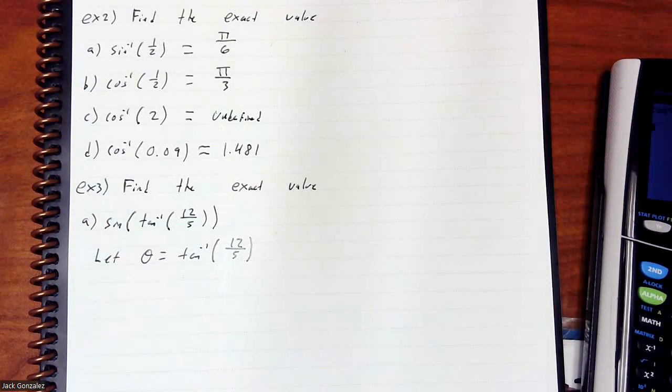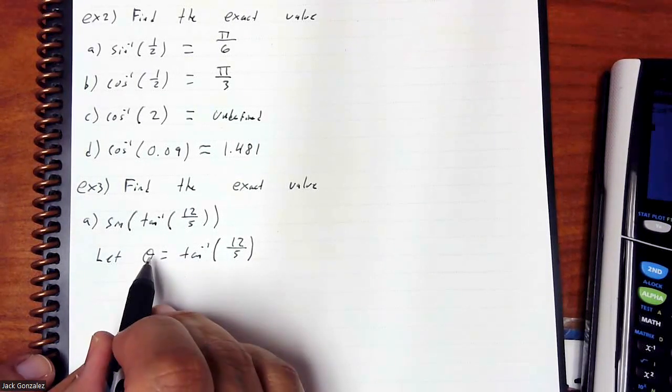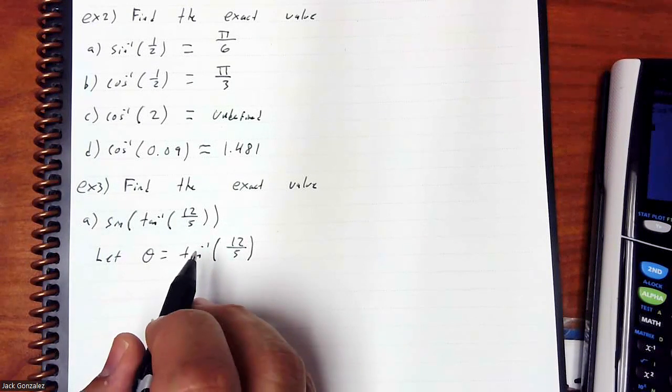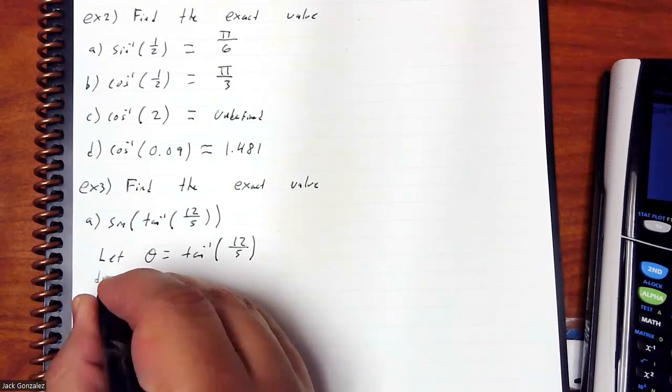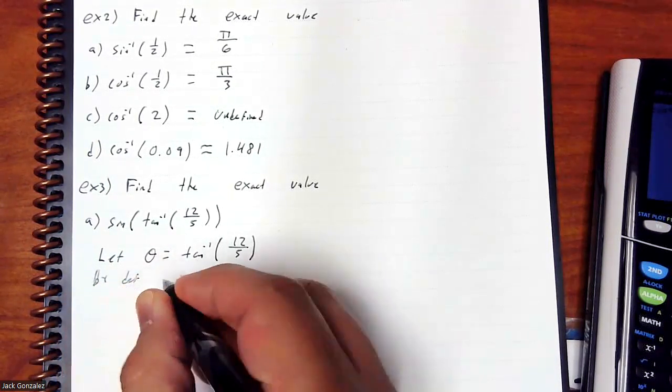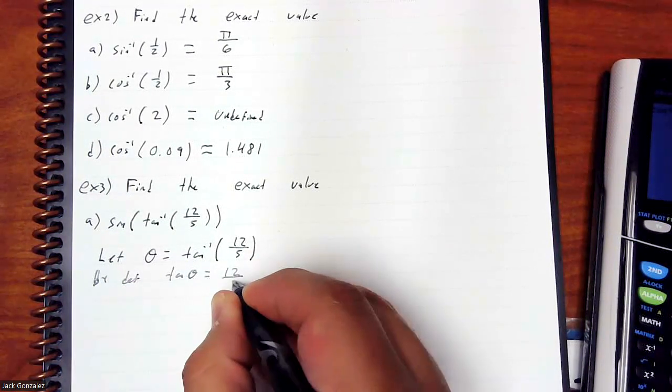Now apply the definition. This is when that definition becomes important. If theta is equal to tan inverse, what is the original form? Do you see it? We said that if I plug in a number into an inverse tan, I get an angle. The original takes an angle and gives you that number. So by definition, tangent of theta is equal to 12/5.